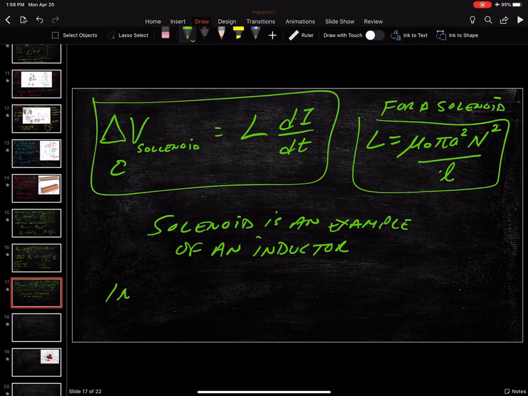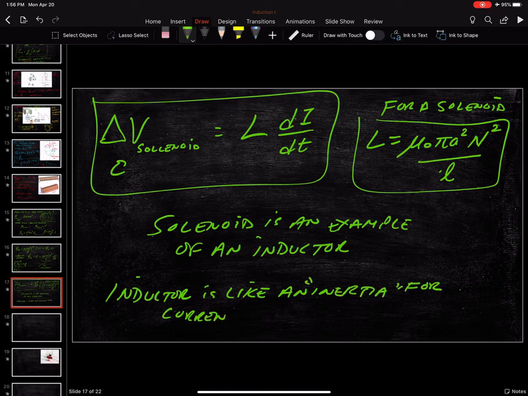An inductor is like an inertia for current. What does that mean? If you've got DC current, then your current just passes through the inductor like a piece of wire. It doesn't do anything.